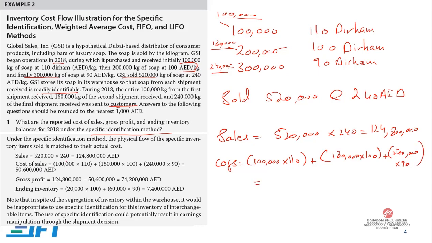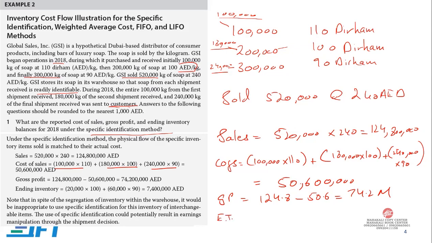If we add all of them up, this would be 50.6 million dirham. Now your gross profit would be 124.8 million minus 50.6 million, that is equal to 74.2 million.